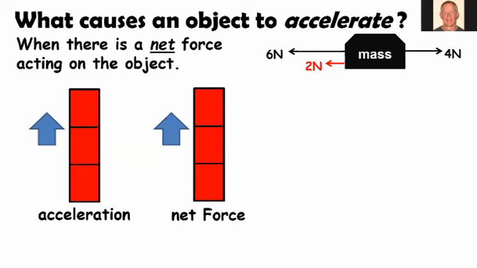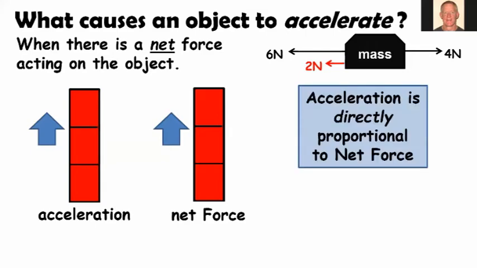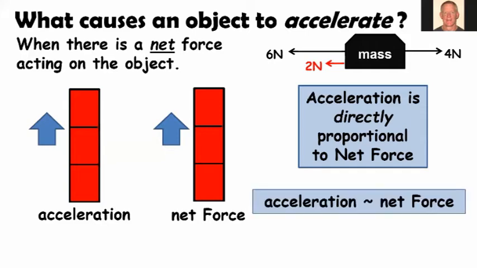Or the other way is, if the net force decreases, then the acceleration will also decrease. Okay, so we can say that acceleration is directly proportional to the net force. All right, so we know that much. Those two are proportional or directly proportional to each other.